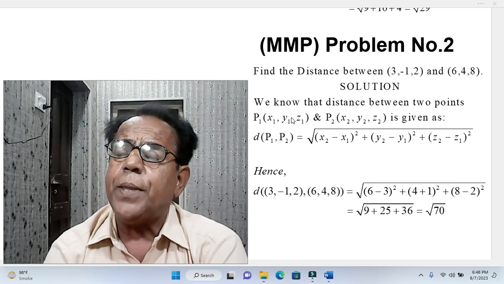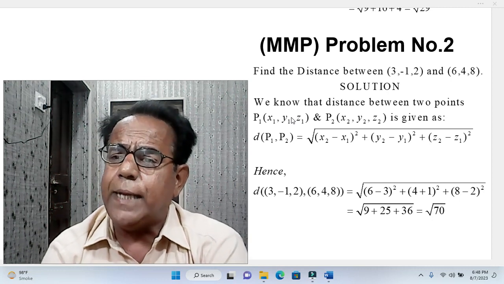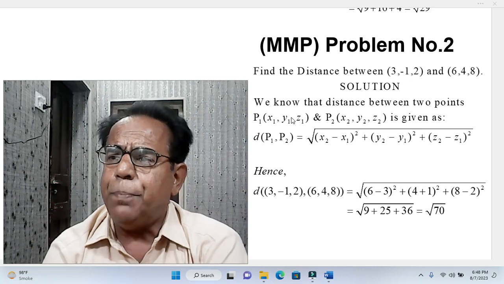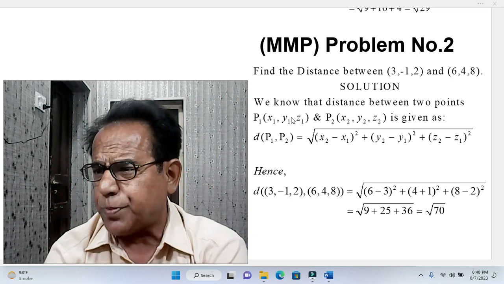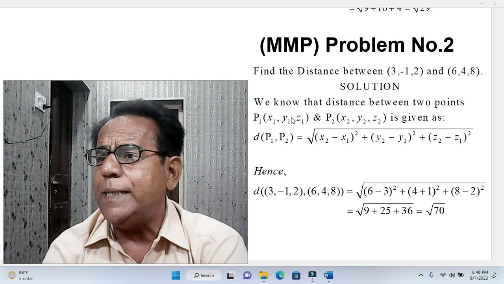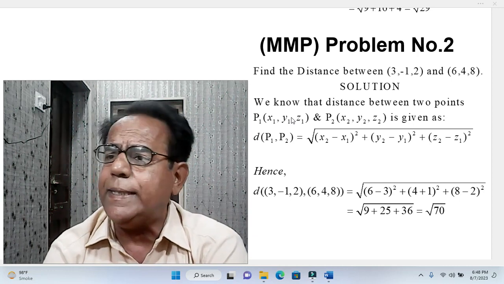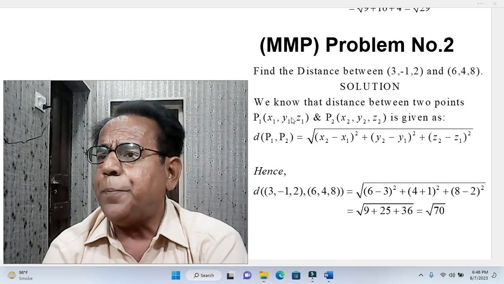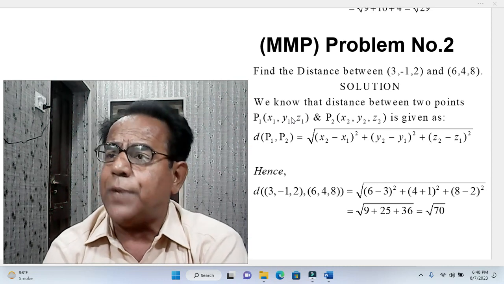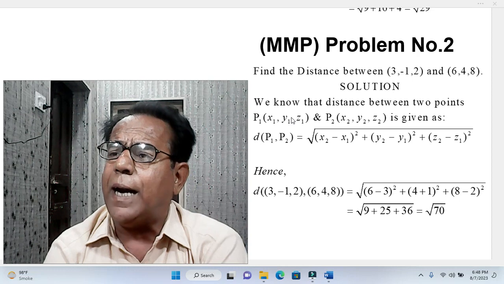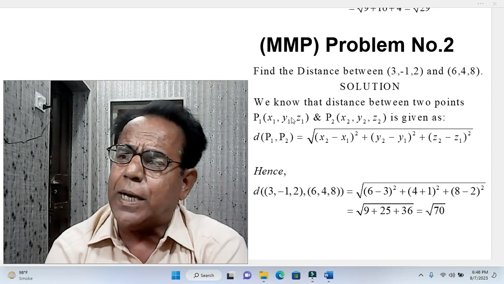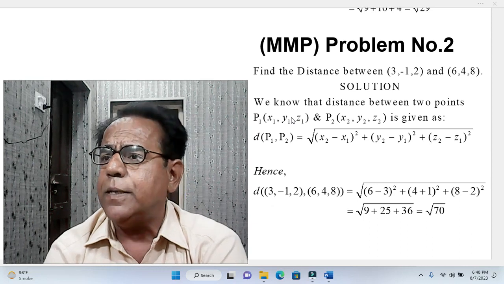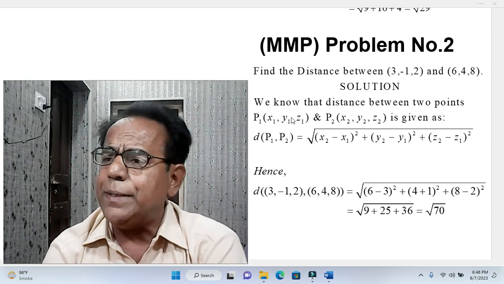Hence distance between points having coordinates (3, -1, 2) and (6, 4, 8) is equal to (6 minus 3), because 6 is x2 and 3 is x1, plus (4 plus 1), because 1 is already minus, so 4 minus minus 1 will become 4 plus 1, square, plus (8 minus 2) square.